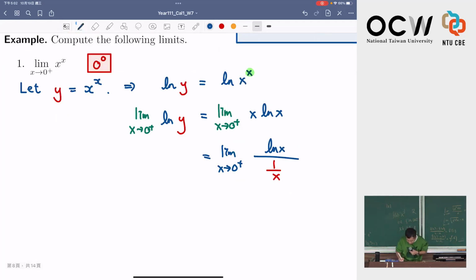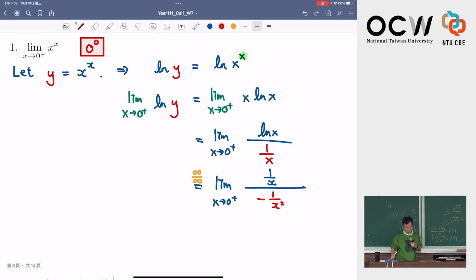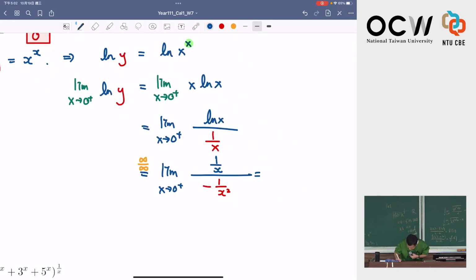The reason why we do this is now you obtain a fraction of the form infinity over infinity, so L'Hopital. When you differentiate both the numerator and denominator, you get 1 over x and minus 1 over x squared respectively. If you tidy this up, this becomes just minus x, which becomes just 0.